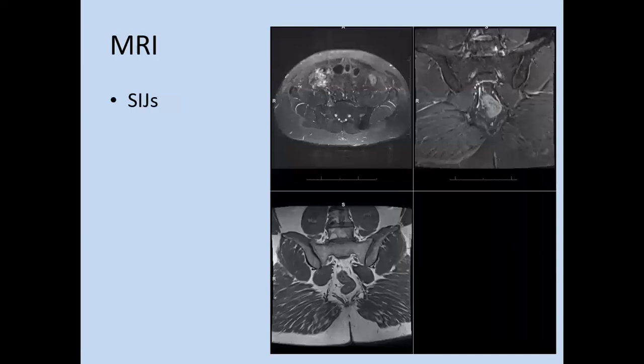And these are the imaging protocol of the sacroiliac joints. It includes the axial T2 fat saturated sequence and the coronal oblique T1 and T2 fat saturated sequence. So these are the 3 sequences that we perform on the sacroiliac joints. And again, we do not give gadolinium routinely for these patients.